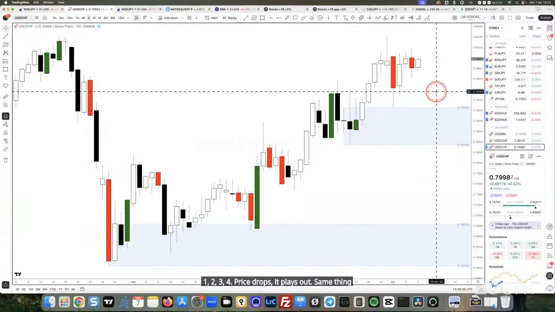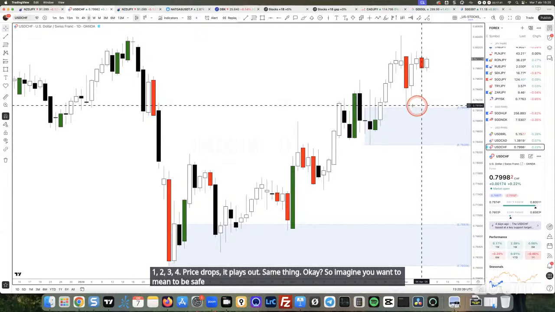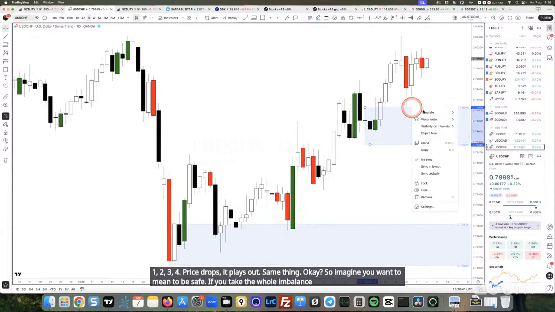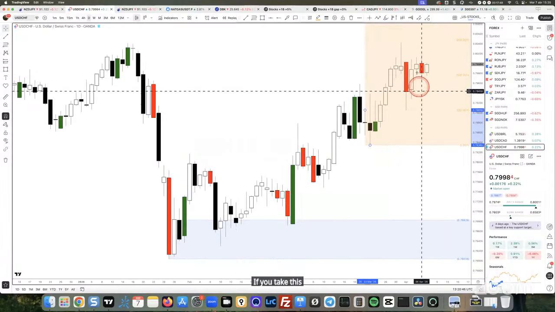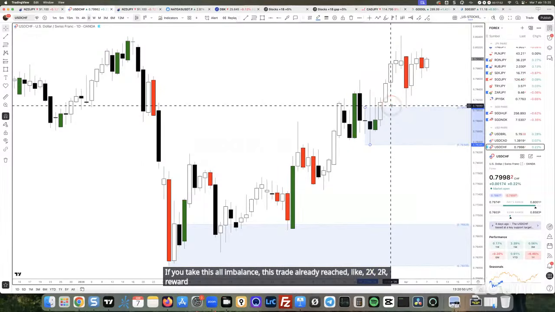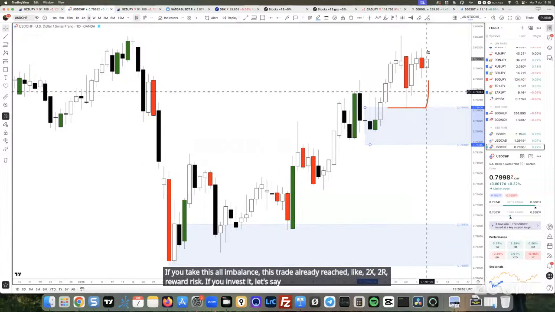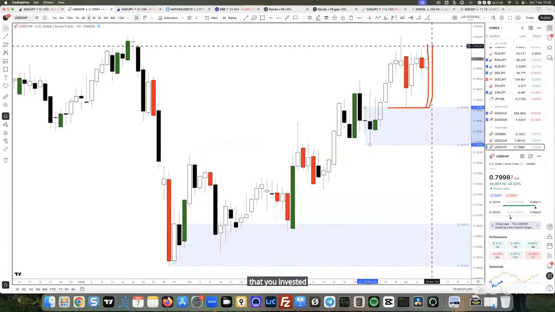Imagine, to be safe, if you take the whole imbalance, I'm going to use this template. If you take this whole imbalance, this trade already reached like 2R, 2x reward to risk. If you invested, let's say, $100, you already made 200 more or less. If you invested $1,000, you almost made $2,000. Is that good for you?